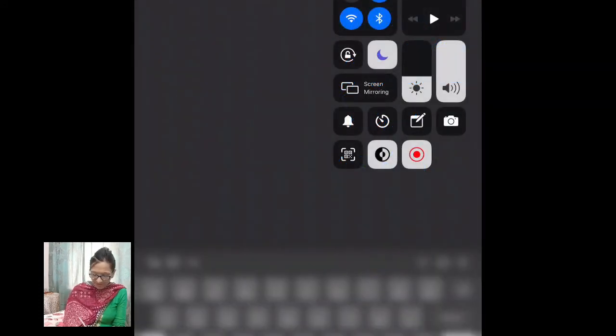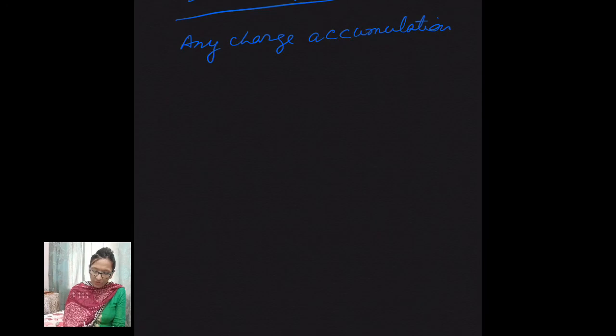Now the direction of this electric field. From the diagram, tan alpha is equal to perpendicular upon base, which is E equatorial upon E axial.